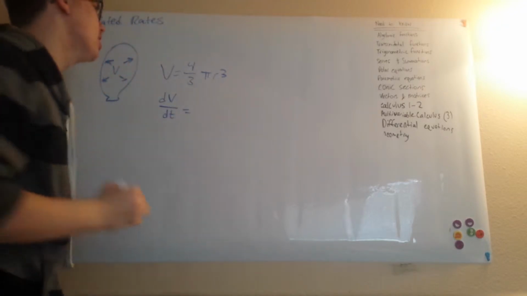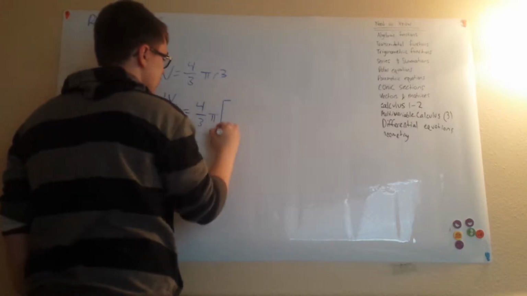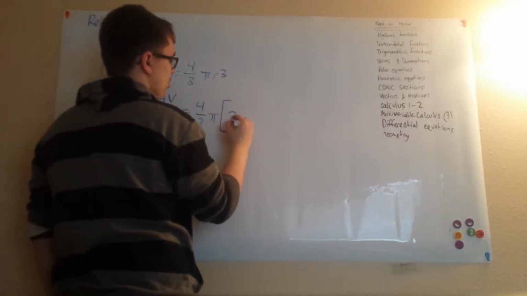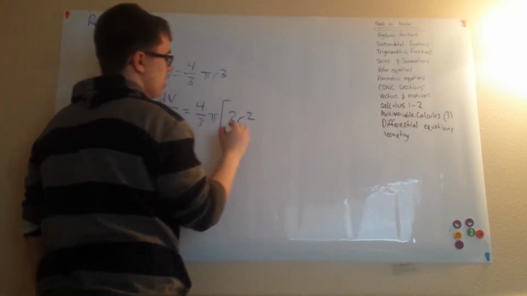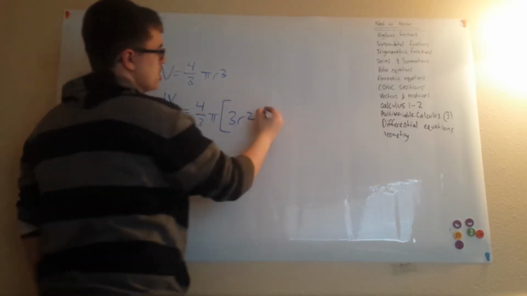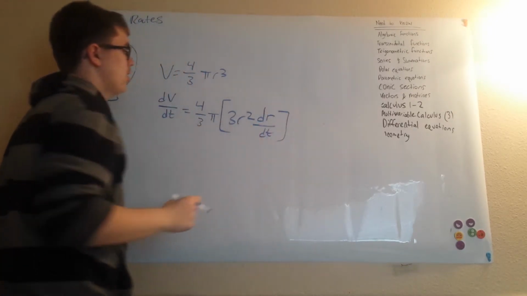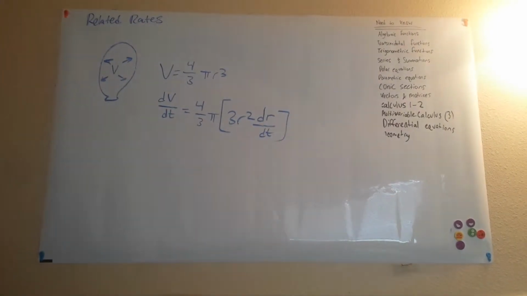So dV/dt equals, well, we have the constant out here, times 3r squared, that's the derivative of r cubed, times dr/dt. Hopefully you can see the pattern of these derivatives.